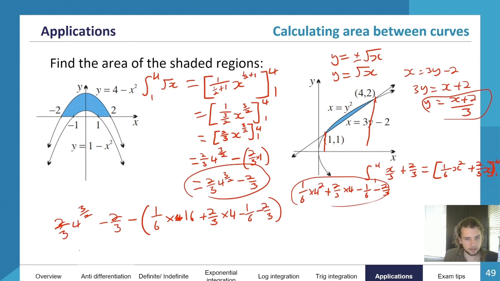So some things cancel there. That's 2 over 3 times 4 to the power of 3 over 2. This cancels that one there. Minus 16 over 6 plus 8 over 3 minus 1 over 6.